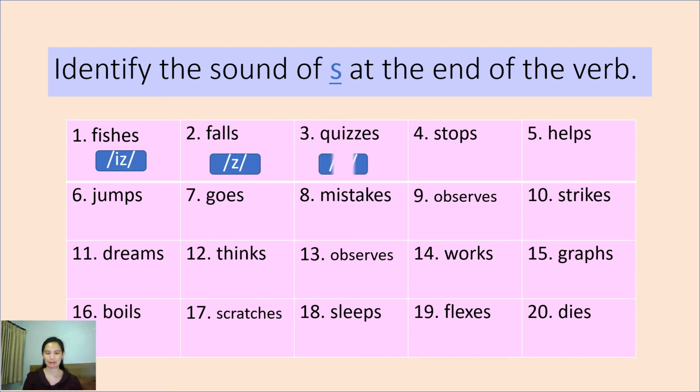Number 3 is quizzes. Number 4, stops. Let's go to number 5. Helps. Number 6. What do you think is the correct sound of S at the end? Jumps. How about in number 7? What do you think is the correct sound of S at the end?